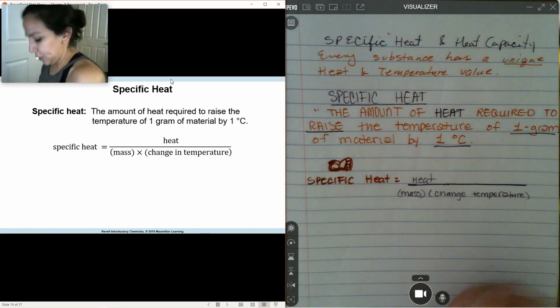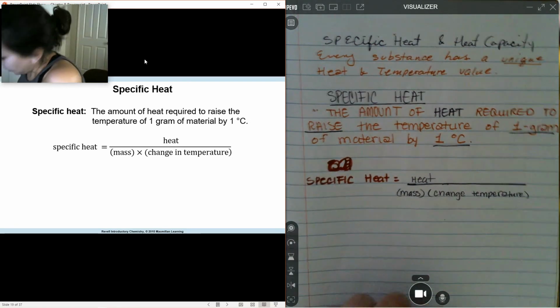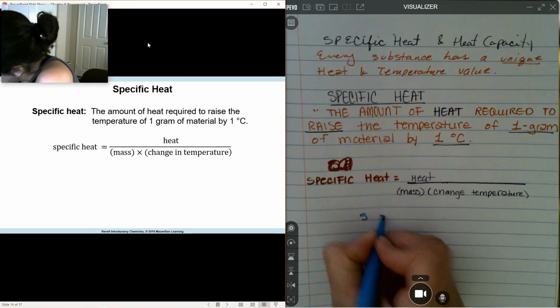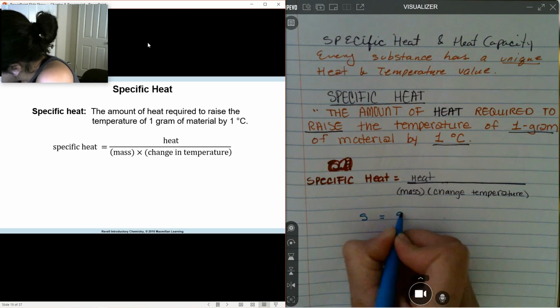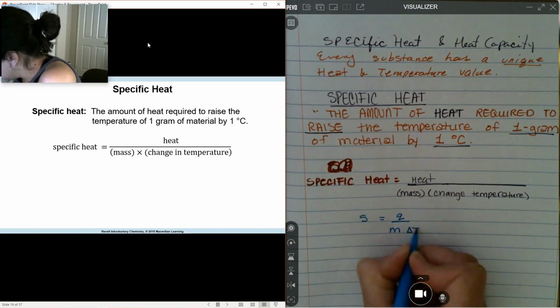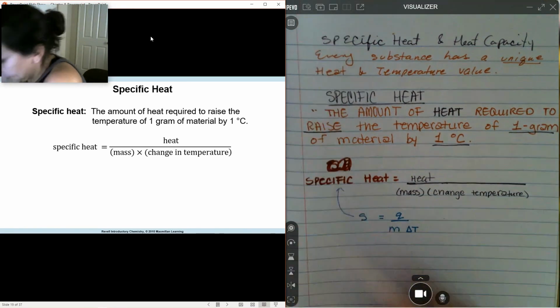So this is our equation for specific heat. Now let's go ahead and write all the letterings that we need that's going to go with this. All right, so specific heat is equal to the heat divided by the mass times the change in temperature. That is specific heat.